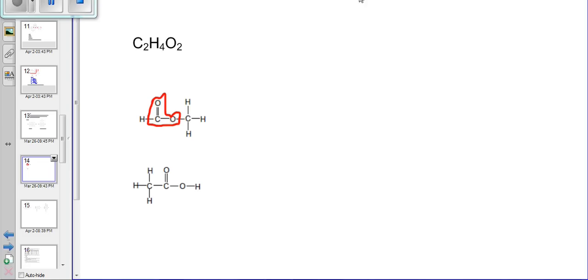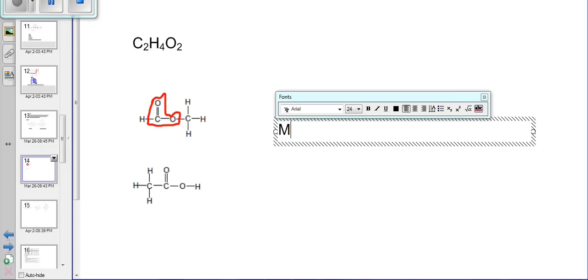Now the name of this compound will be methyl methanoate. So this is methyl methanoate, which is an ester, and I will discuss esters in a separate lesson.